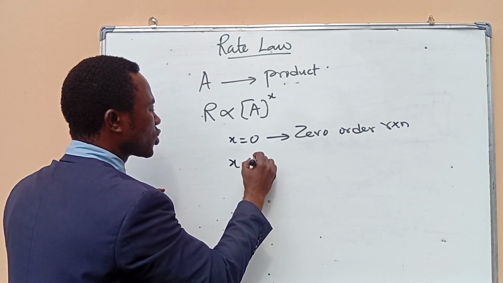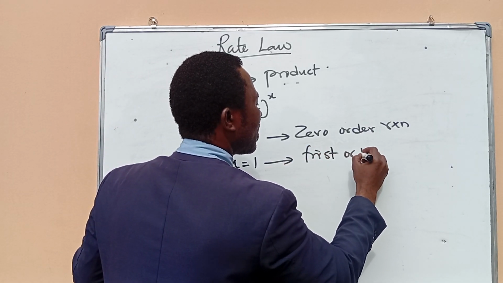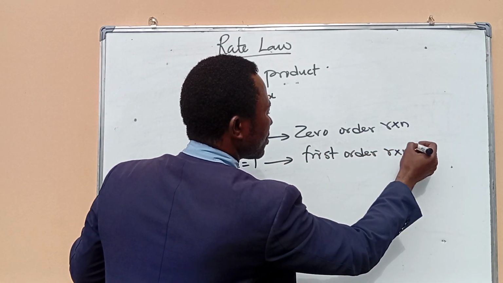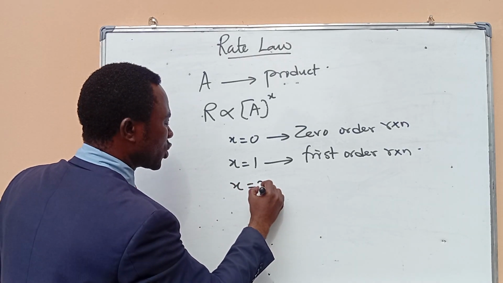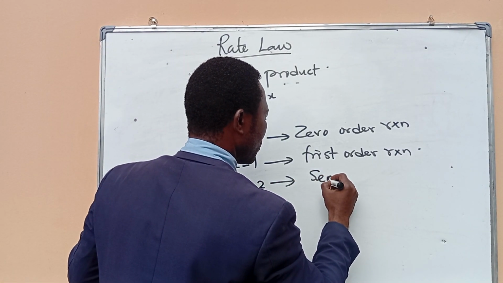If x is equal to 1, this reaction will be called a first order reaction. If my x is equal to 2, this will be a second order reaction.